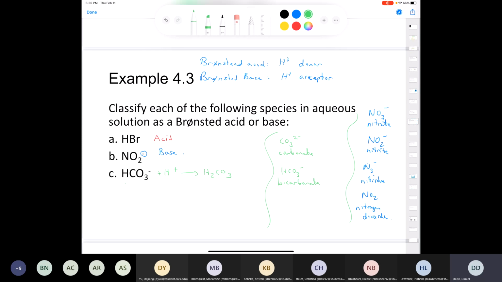But also, it could lose a proton to give you H plus and CO3 2 minus. So the answer for bicarbonate would really be either, right, Alec? It would be both. Depending on the situation, it could be either. So you'd put acid or base, and then if you want, write in depending on the situation.